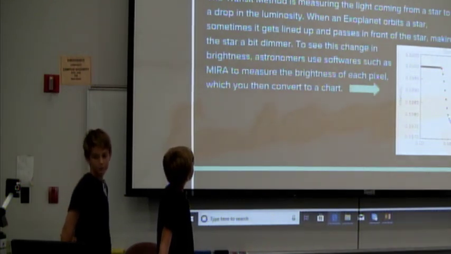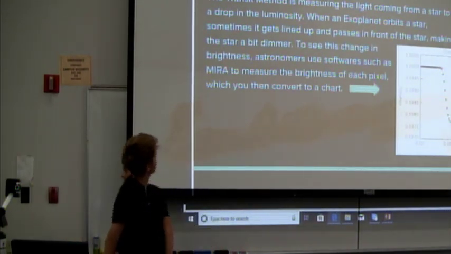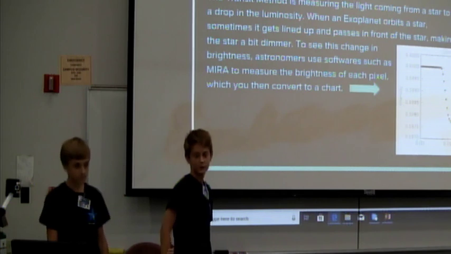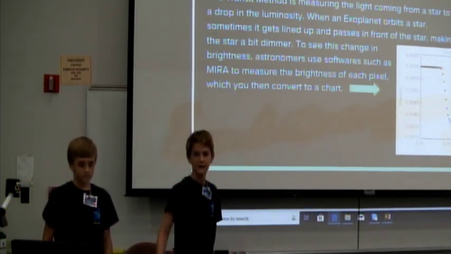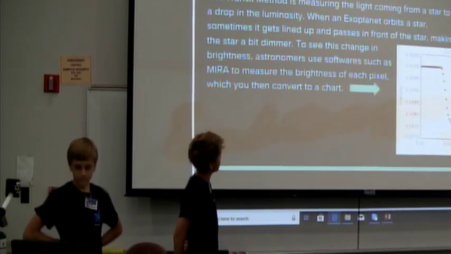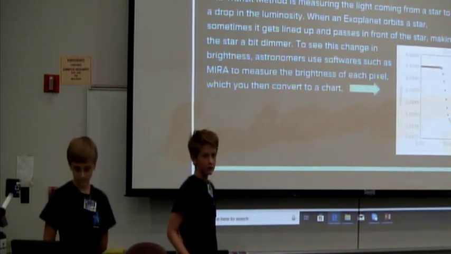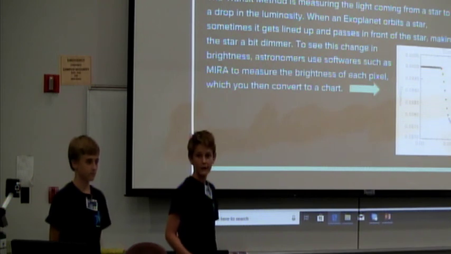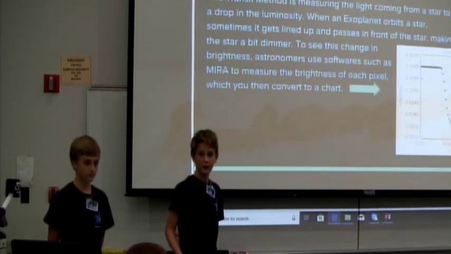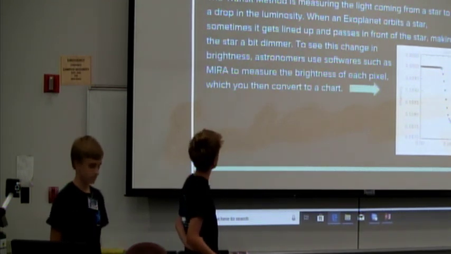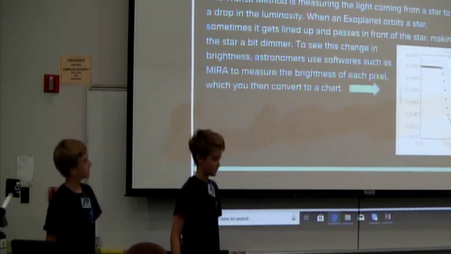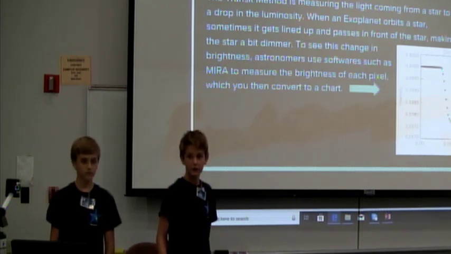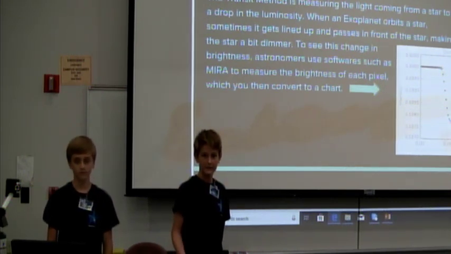The transit method is the method we used to measure the transits of the exoplanets. It measures the amount of light coming from a star, and when an exoplanet transits, or lines up in front of the star, that changes the magnitude, and that's how we measure it.